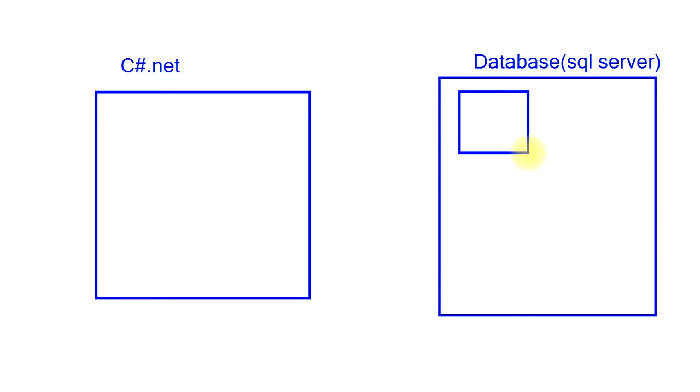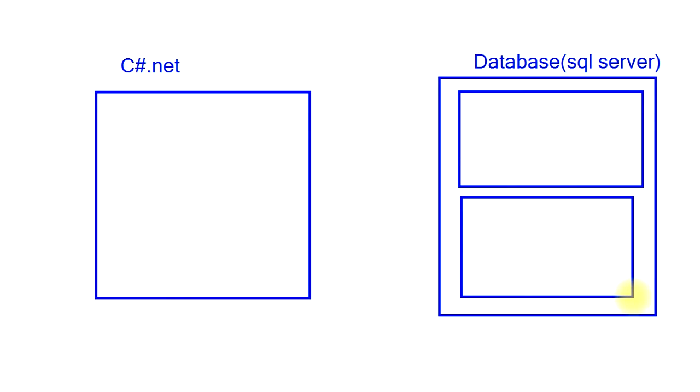Suppose this is C#, and this one is the database, suppose SQL Server. Here, this is a value type and this is a reference type.